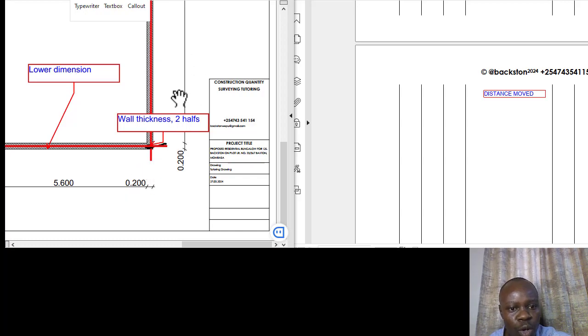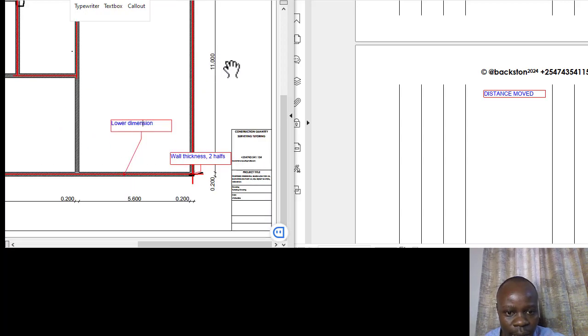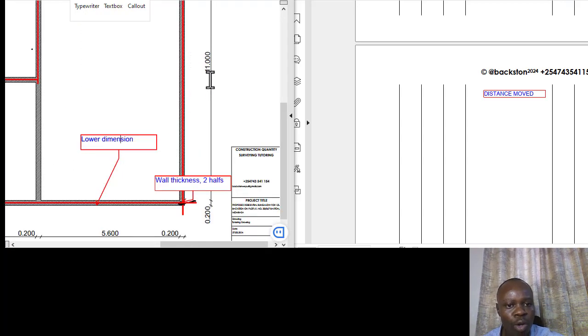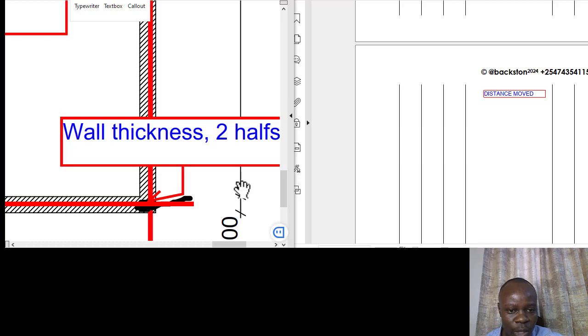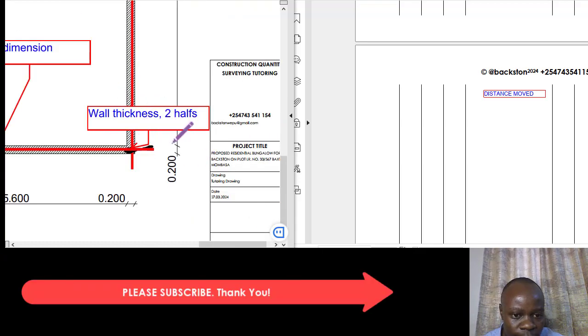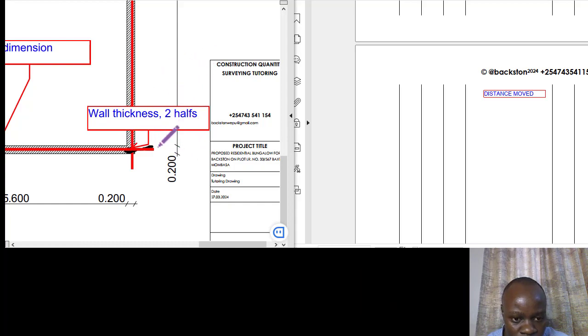Okay, then when you use the one that is indicated 11, then you use the 11, and then you will also need to add half from that particular point to that particular 11. So it means on every corner you are going to be considering addition of half of that wall times 2, in regard to us using the internal dimensions in this case, because the internal dimension is ending at that point.